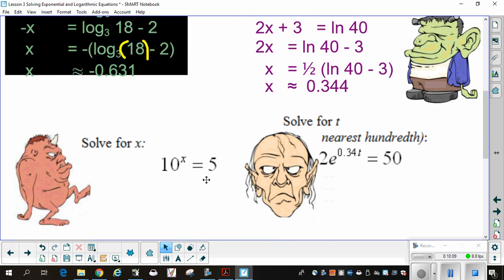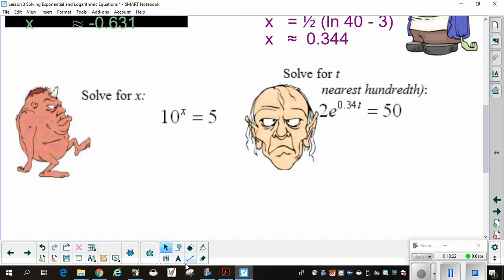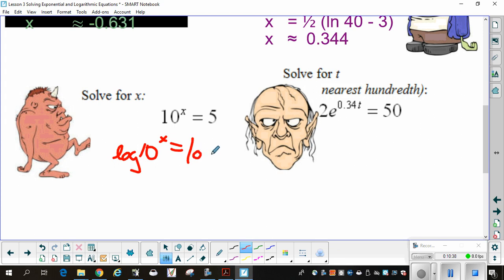Beware here. While 5 will go into 10 evenly, I can't write these two as one as an exponent of the other. So what I have to do here is I'm going to need log of 10 raised to the x is equal to log 5.